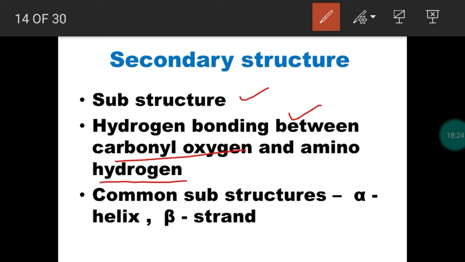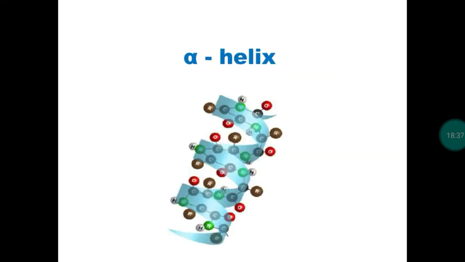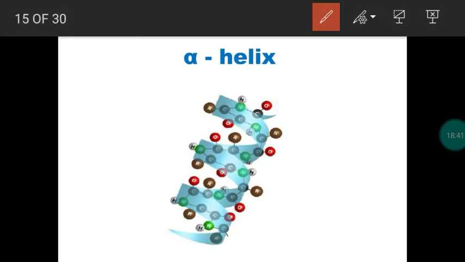Usually, the folding of a primary structure will make two types of substructures, that means secondary structures. They are called alpha helix and beta sheet or beta strand. First we take alpha helix. This is the alpha helix structure, a helical structure. Due to the folding of a primary structure, we have obtained this helical structure.